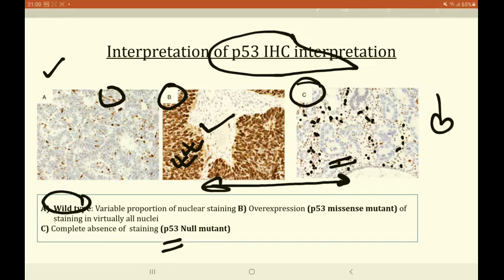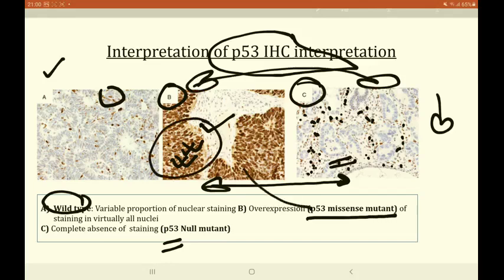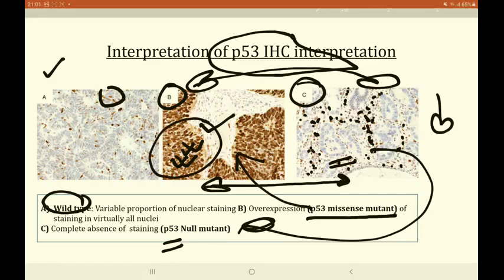So in case of the mutant staining, that is abnormal expression, we can either have the all phenomenon or the p53 missense mutant, or the non-expression, which is called p53 null mutant. In case of the null mutant expression, the stromal cells expressing the p53 stain are considered as the internal control.